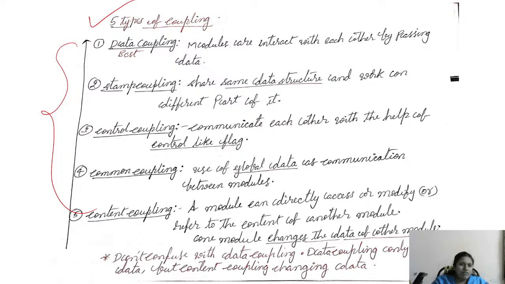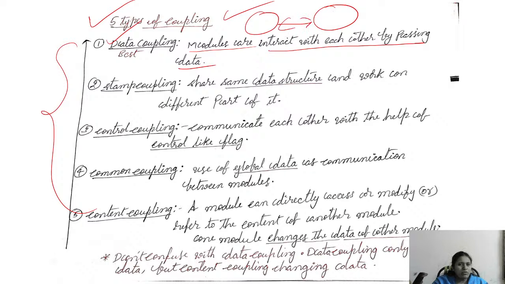First one is data coupling. Modules interact with each other by passing data. Coupling means a relationship between modules. How are they interacting? By passing data, one module passes some data to the other.